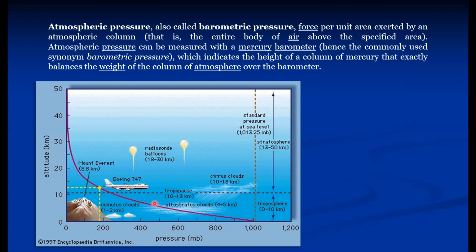We can consider this the standard atmospheric pressure. And everywhere else, whatever the atmospheric pressure is, it is called the local atmospheric pressure. So the two terminologies used in atmospheric pressure are the standard atmospheric pressure, that is the pressure at sea level, and the local pressure, that is the pressure at that particular location. Obviously, Pune is at a higher level than sea level, so atmospheric pressure at Pune is slightly less than the standard atmospheric pressure.